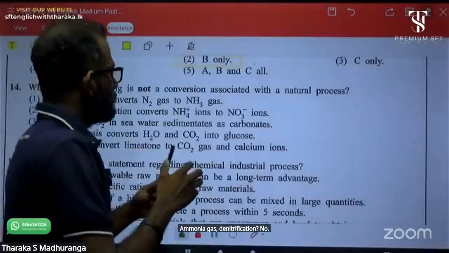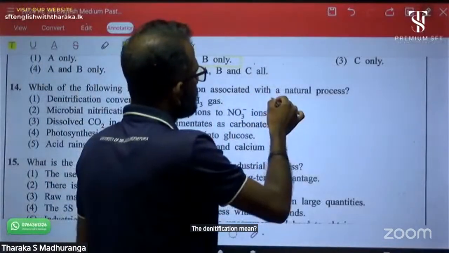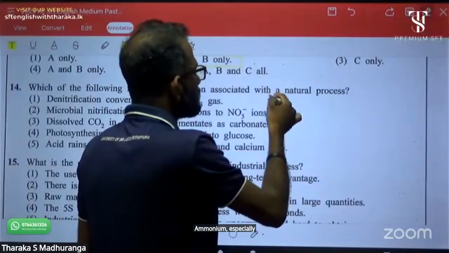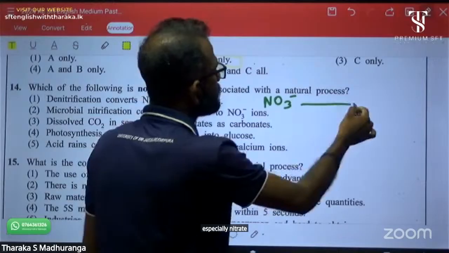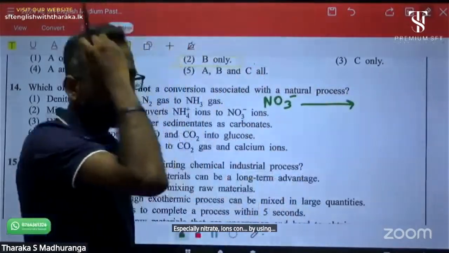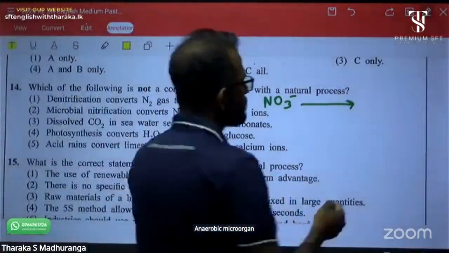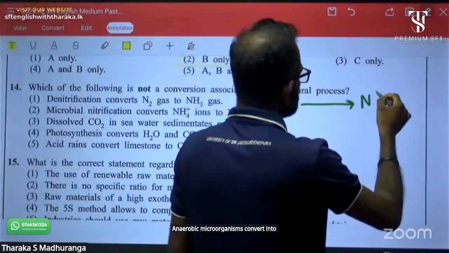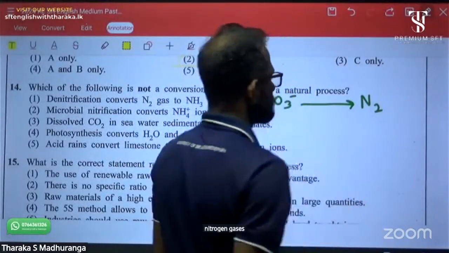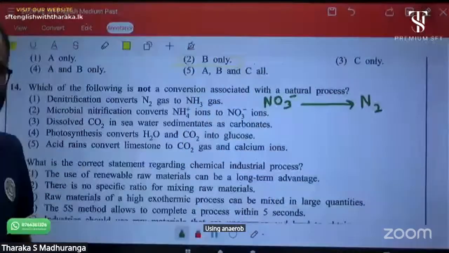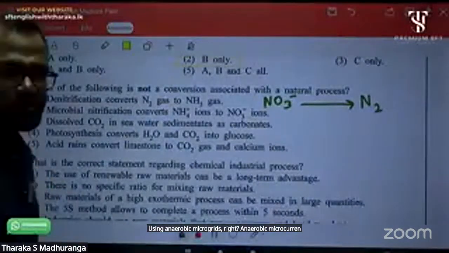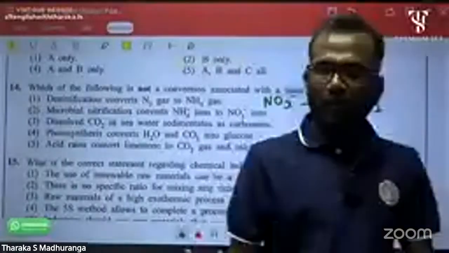No. Denitrification means ammonium and NO3, nitrate ions, are converted by anaerobic microorganisms into nitrogen gas. So that statement is wrong.